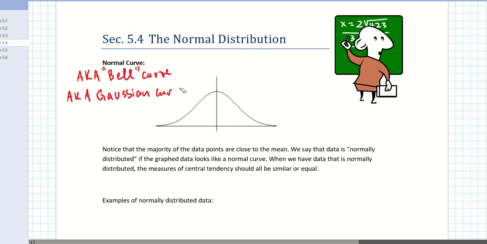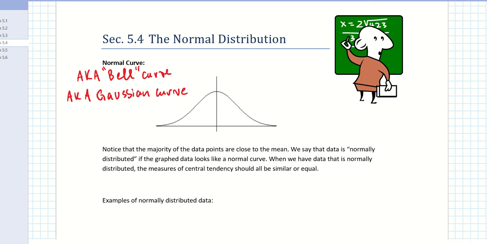And this particular curve, the reason we learn this in high school is because it's a very, very common type of distribution. So you're not going to just see it in math, you're going to see it all over the place. You're going to see this in any social sciences like sociology, anthropology, psychology, criminology.